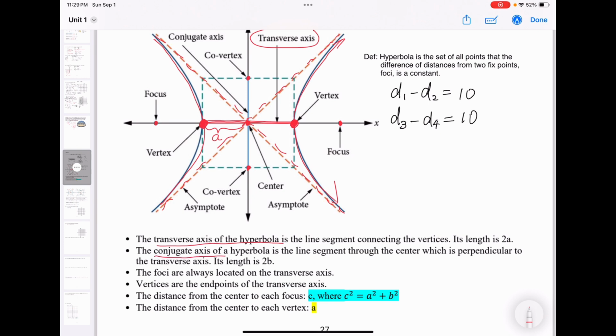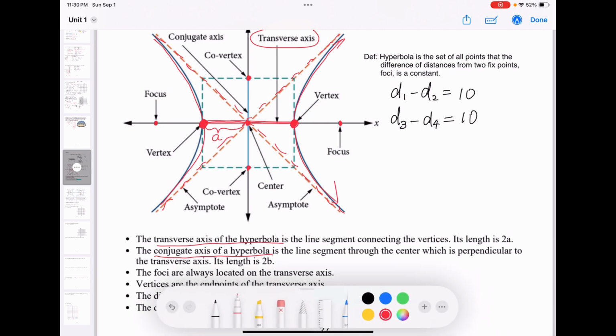The conjugate axis of the hyperbola is a line segment through the center, perpendicular to the transverse axis. Its length is 2b. The distance between the co-vertices, using a different color, is 2b. So from the center to one co-vertex is b.